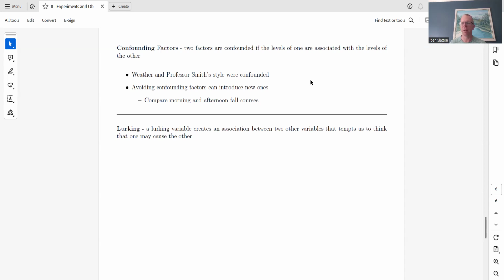So they're very similar, and it does take seeing a few examples, and maybe Google some other examples: what's an example of confounding factors versus lurking variables, because they're slightly different. I guess they probably are related a little bit, but they are different. And so you want to make sure that you have that difference straight in your brain.